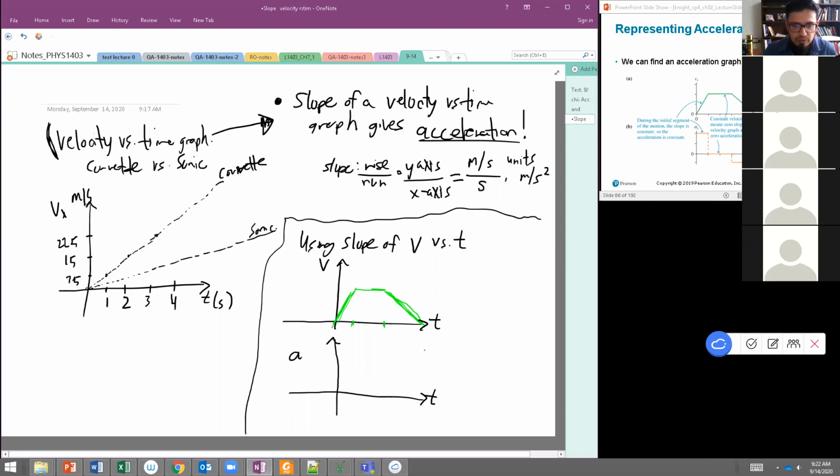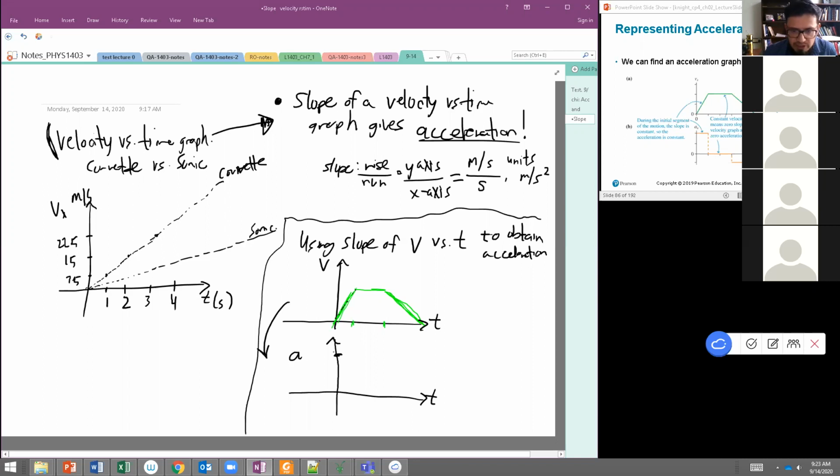So to go from velocity to acceleration, to obtain acceleration, what we're doing in this case is we say, okay, well, in this plot, we know that in the first part of the motion in this velocity graph, that's going to be the steepest slope, and it's positive.